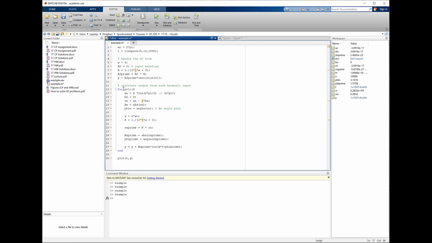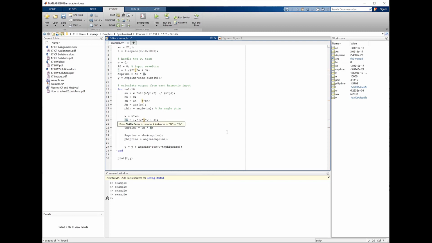This particular frequency, our nth frequency, will be n times our fundamental frequency. Here's our transfer function evaluated at that frequency. And now we're going to find our output. To find our output, we'll create this complex number again, which is really just the same as our c sub n, and we'll multiply it. This is our input, and this is our transfer function evaluated at that nth point.